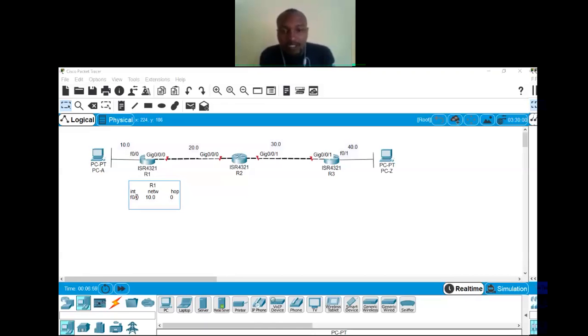So under the routing table by default, it will have the networks that are directly connected to the router. Always will have the networks that are directly connected to the router. So the first network the router has registered is interface F00 of network 10.0, hop count is 0. Why are we saying 0?